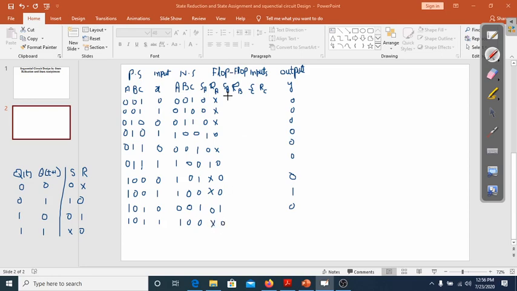Next for the B flip-flop. So here the present state 0, next state 0, so set is don't care, reset is don't care. Next the present state is 0, next state is 1, so input 1 0.